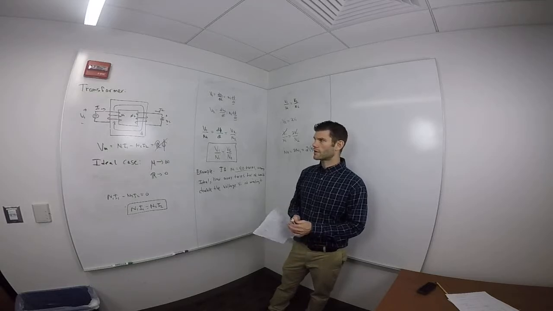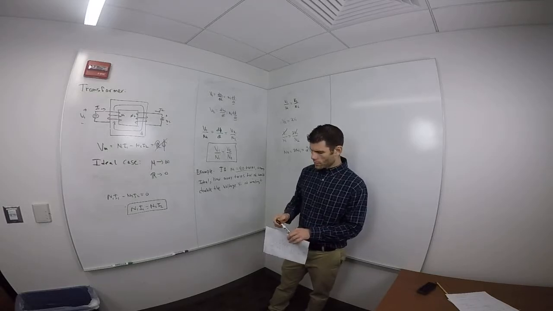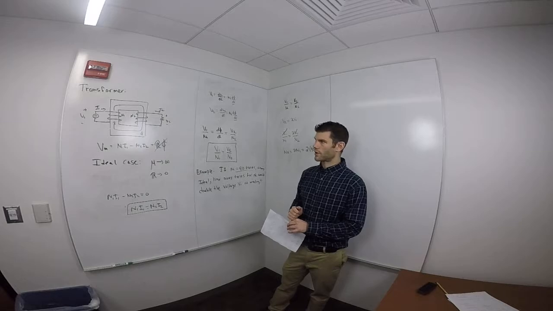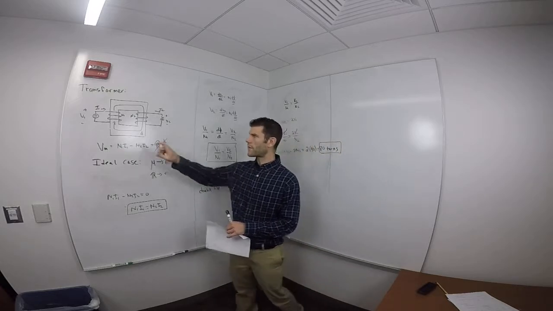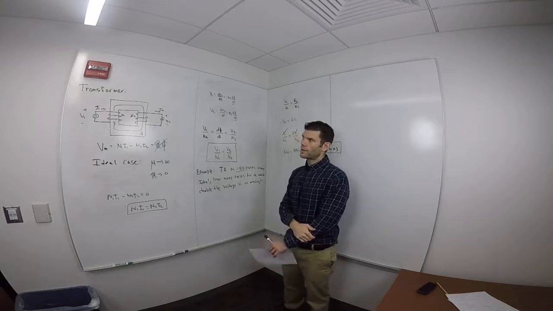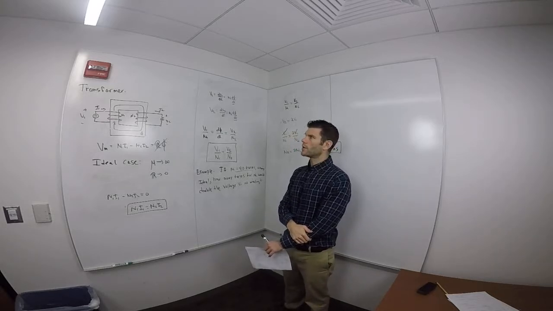One thing that's interesting to note here is that we always have to have conservation of energy, right? So that means that energy can't be created or destroyed. So if you think about this, we can always relate energy to power, okay? So what is the power that's input on this winding? Well, that's going to be V1 times I1, right?